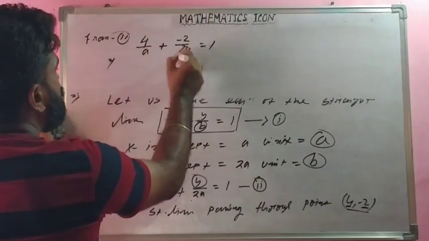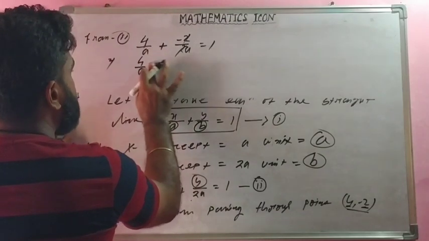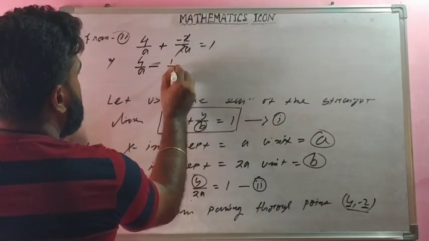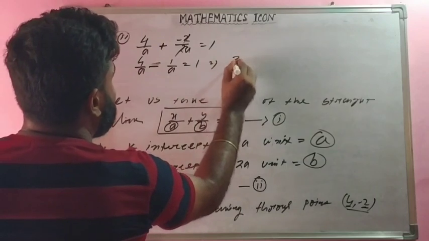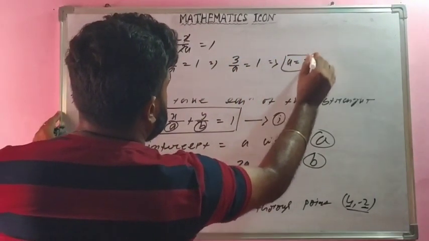The 2 cancels, so 4/a minus 1/a equals 1. That means 3/a equals 1, so a equals 3.